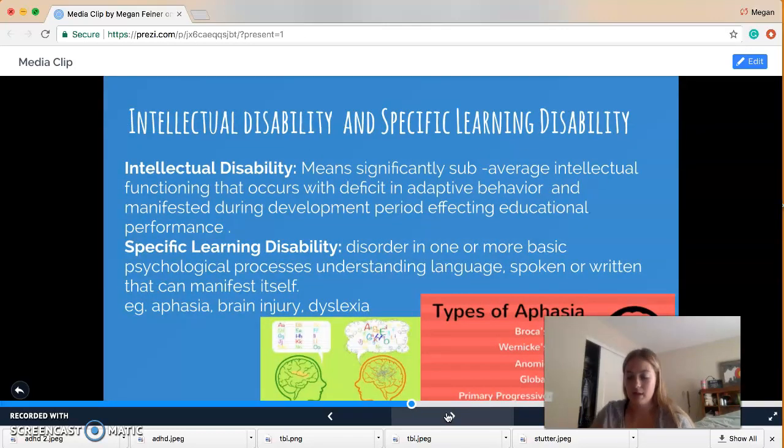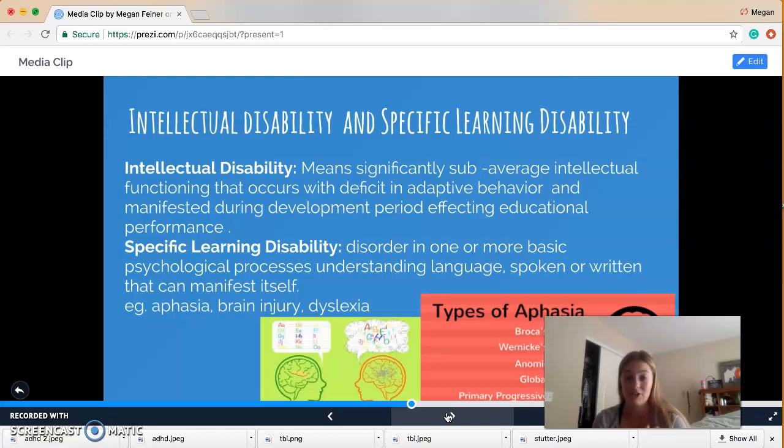Intellectual disabilities are significant limitations with intellectual functioning, such as reasoning, learning, and problem solving. They may affect adaptive behaviors and cover a range of social and practical skills.